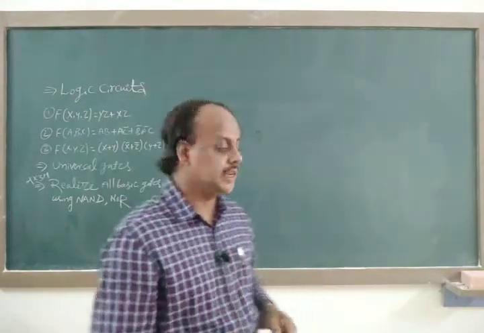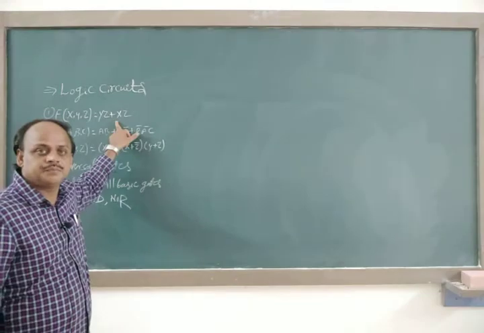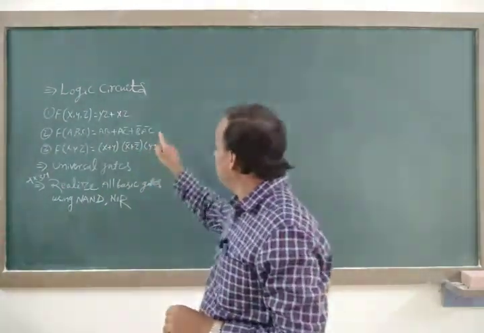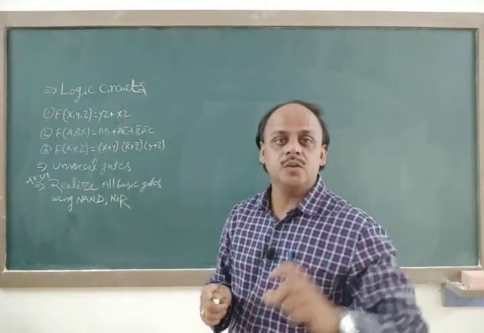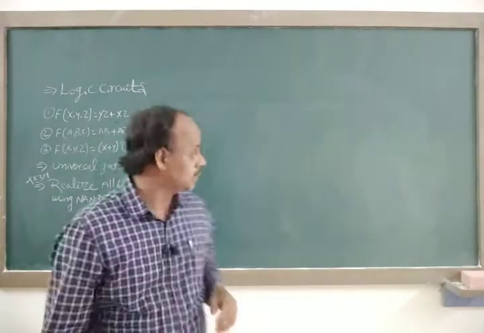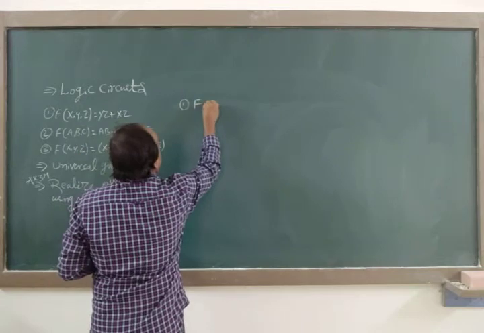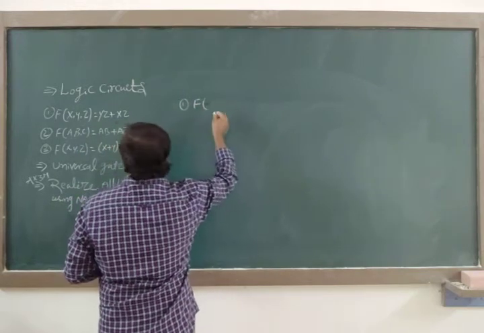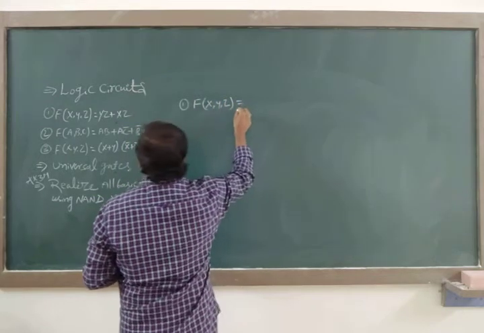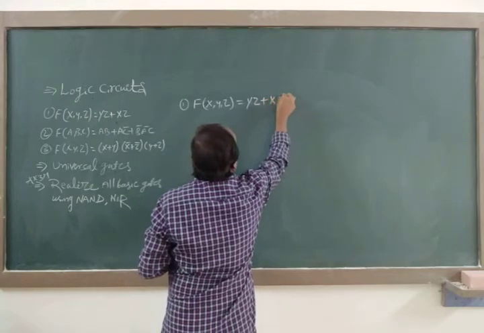So first see here, one Boolean function is there. It is possible to represent this Boolean function in logic gate form. So let us see here, consider the first one, f of x comma y comma z is equal to y into z plus x into z.